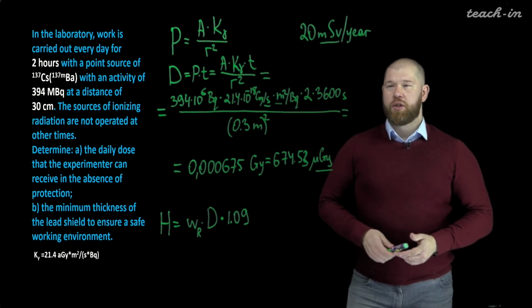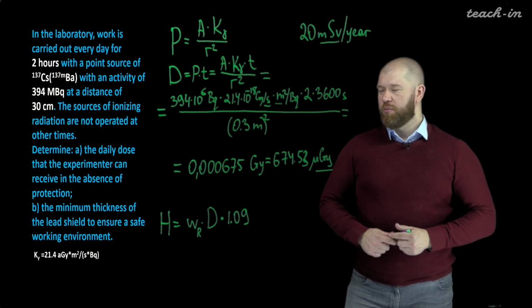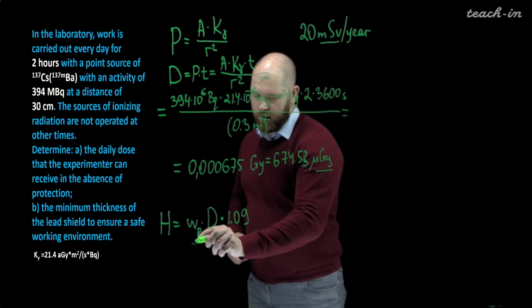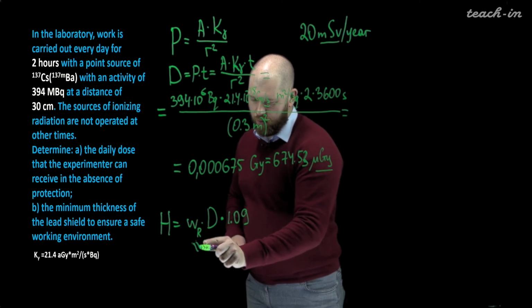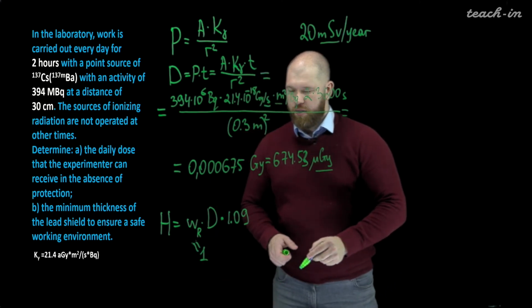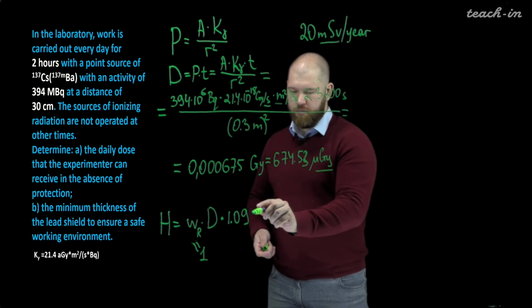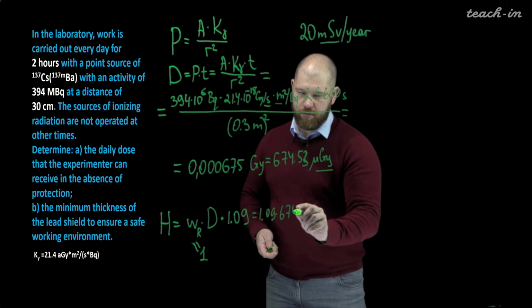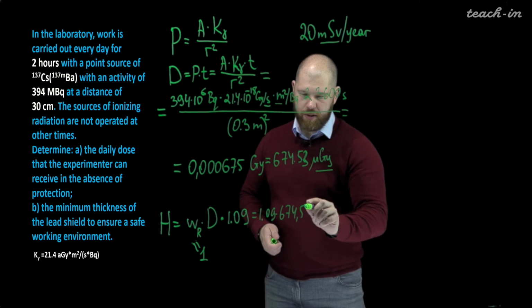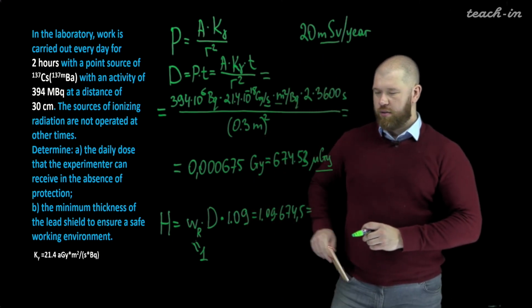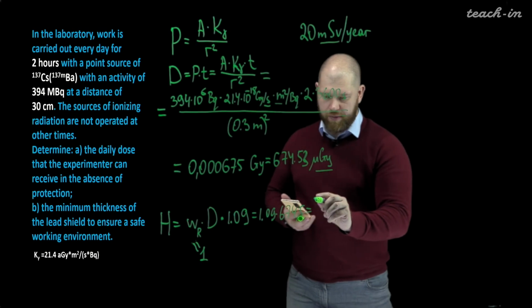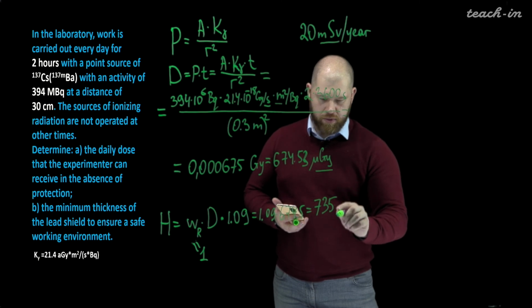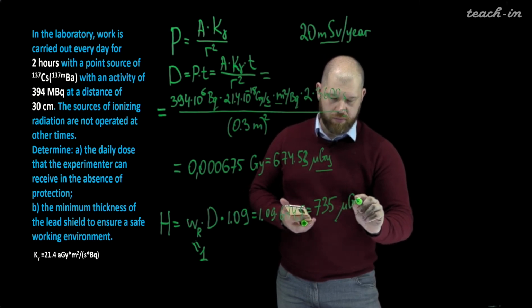For photon radiation and for beta particles, we remember that the weighing factor is simply equal to 1. Thus, we can simply multiply 109 by 6,745 micrograys, and we will have 735, let's do it like this, microgray.